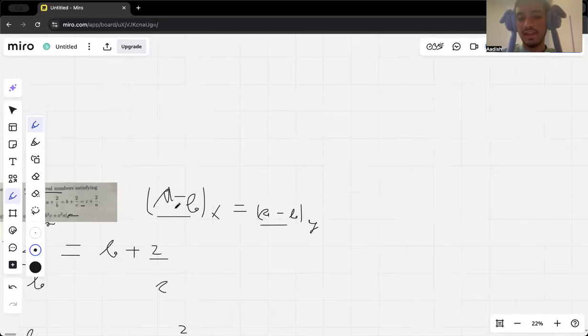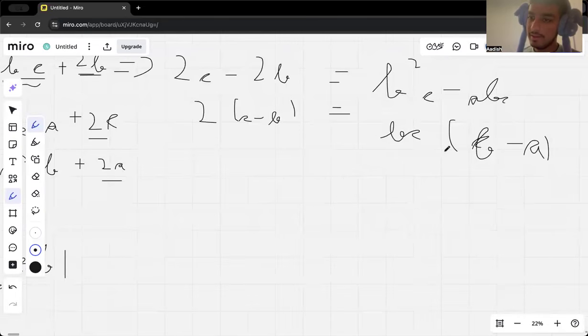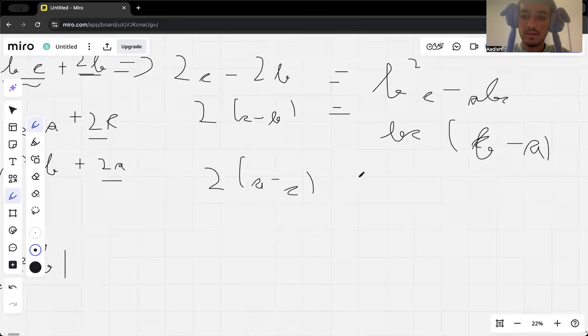We want to cancel the same factor on both sides. You can't cancel c minus b with b minus a. But we have 3 equations. In the second equation, you'll have 2 times a minus c equal ca times c minus b.